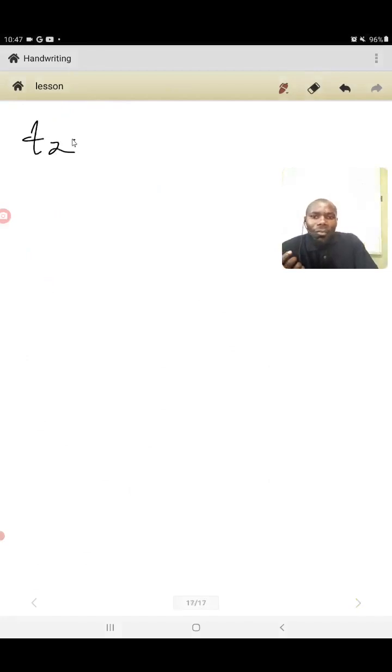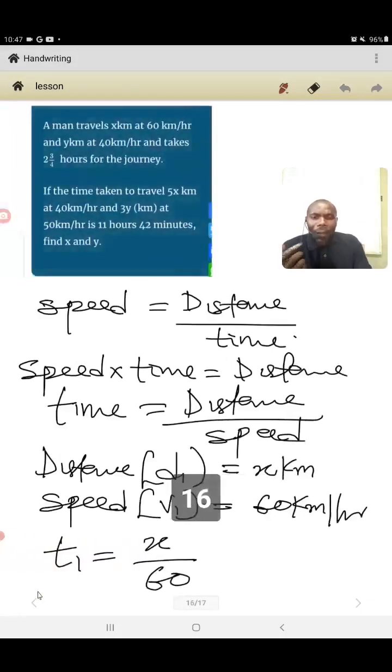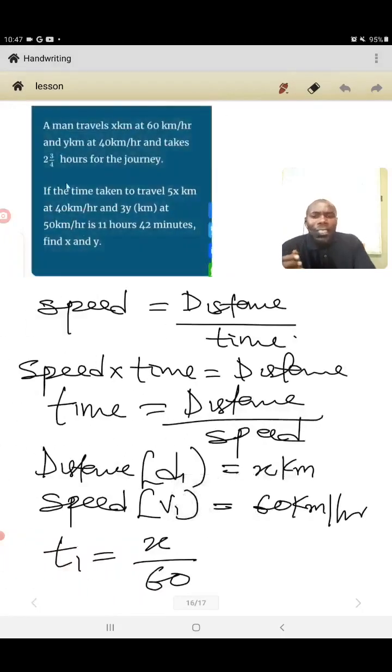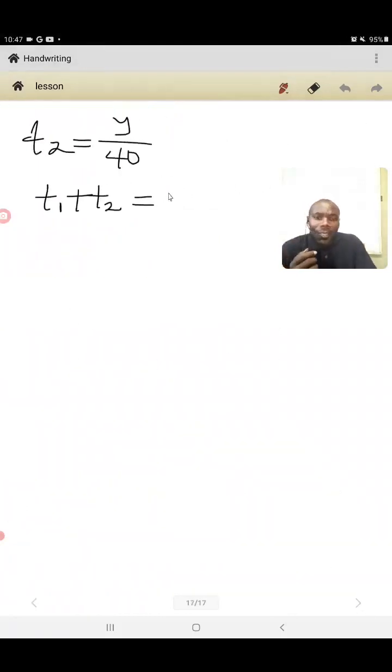T2 will be y kilometers over 40 kilometers per hour, that is y over 40. But he let us know that for the first journey, T1 plus T2 gives the total of 2 whole number 3 over 4.